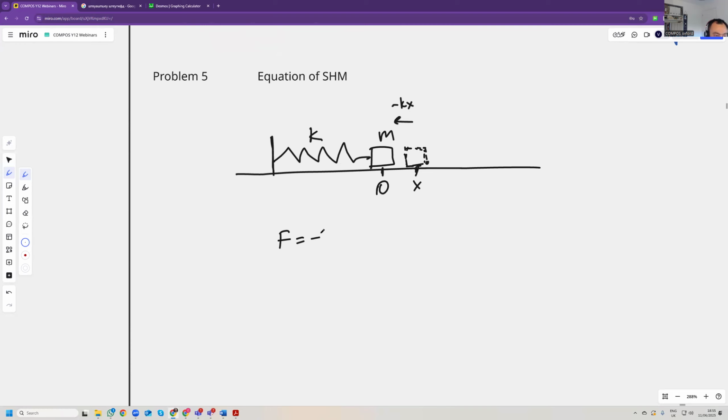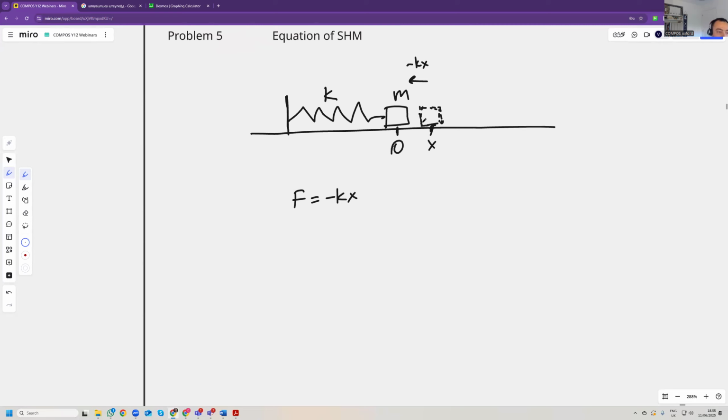So F equals minus kx. That's the force acting on the mass. Force is mass times acceleration, and acceleration is the second derivative of x. So m x double dot is equal to minus kx. So we can write m x double dot plus kx equals 0.